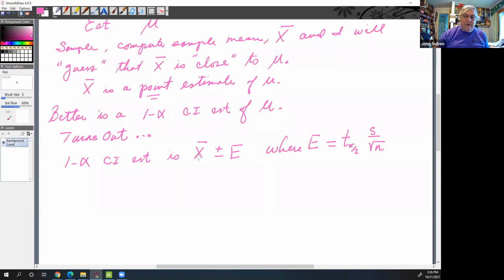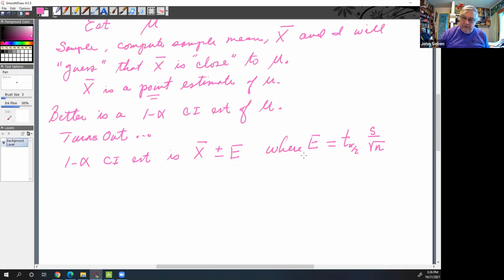Remember, the central limit theorem says that the standard deviation of X bar would be sigma over the square root of N. But we don't know sigma, so we're substituting S. So that's an estimate of the standard deviation of X bar. So very similar. And I hope similar makes it easier to remember.